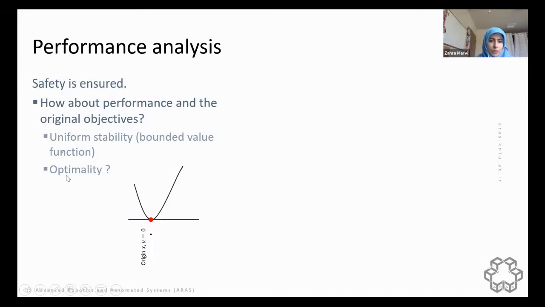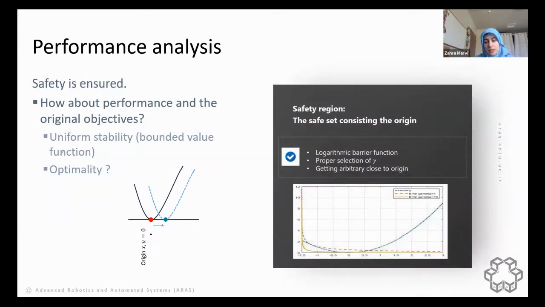And one of the challenges when you add something into the cost function is that you're actually changing your optimum point, because previously we had a function based on x and u, and when x and u were 0, that point was 0, and we had a specific optimum point. We have now added something into it, which changes our optimal point. So the question is: can we still get an optimal performance or not? To investigate that, we defined a safety region, where we can check the optimality when safety and optimality are not in conflict.